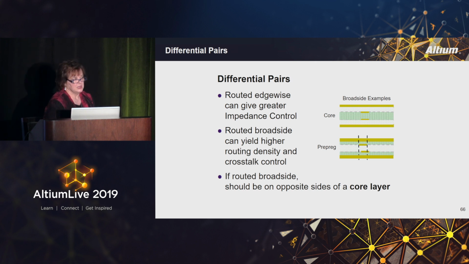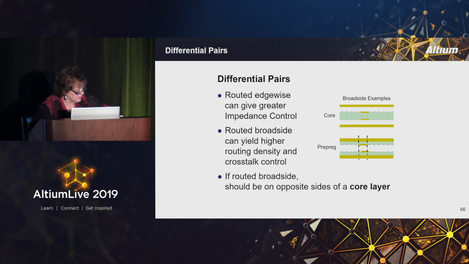That allows you to get more routing of differential pairs through an area, but you need them on opposite sides of a core, because if you put them on opposite sides of a prepreg, then the prepreg material moves around a little bit, and so you may not get good coupling from one to the other of those differential pairs. So be aware of that, and if you're going to do them edgewise, that's the best. That's next to each other in the stack up, on one layer. But if you're going to do them broadside, do them on opposite sides of a core layer.